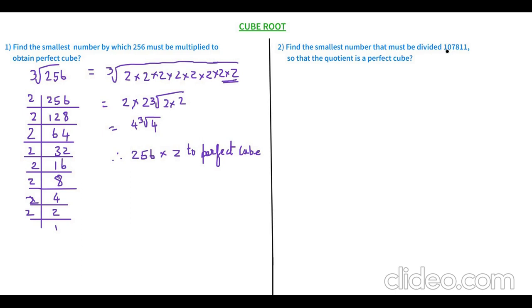You can also say it as 1,07,811 in the Indian system, and in the international system we'll say it as 107,811. So now let's find the cube root of 107,811. As usual, we will do the prime factorization method.